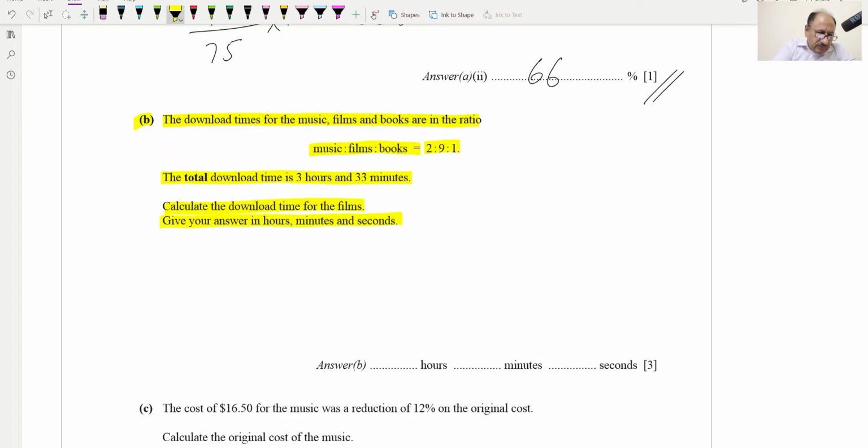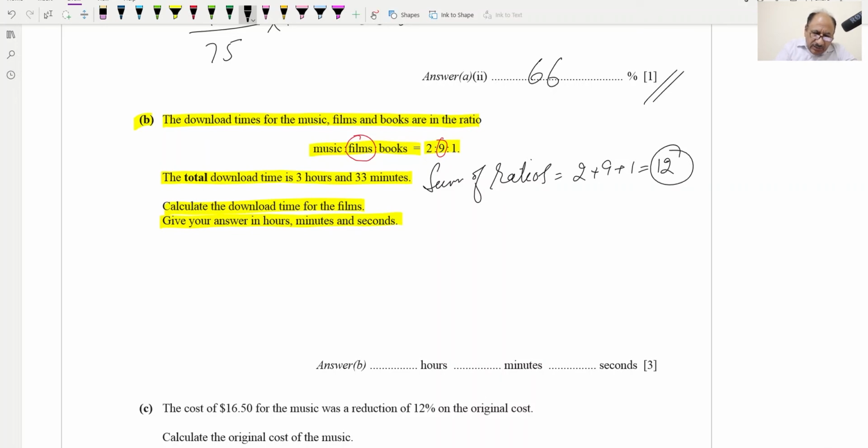So this is basically for the film. Film is second in sequence, so it will be 9, and the sum of ratios will be equal to 2 plus 9 plus 1, which is 12.